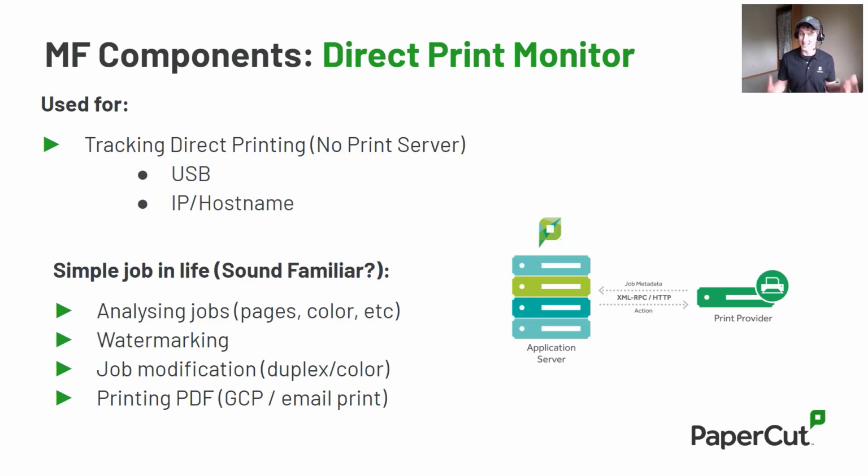Now, in general, it has a simple job in life, pretty much identical to a secondary server. It analyzes jobs when they come in, it can apply watermarks, it does job modification, and also it can print PDFs with certain features. Nothing new here between this and a secondary server, just a little bit more lightweight as an installer and a little bit better designed for a desktop.